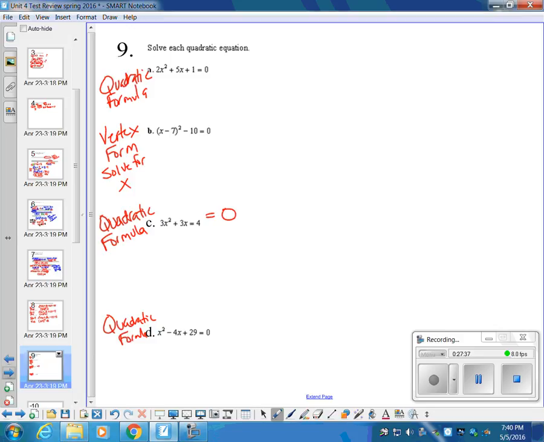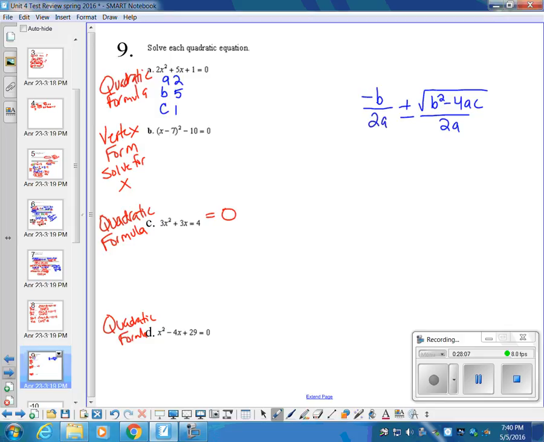All right. Quadratic formula is opposite of b over 2a plus or minus square root b squared minus 4ac all over 2a. So the first thing you do is a, b, c. 2, 5, 1.